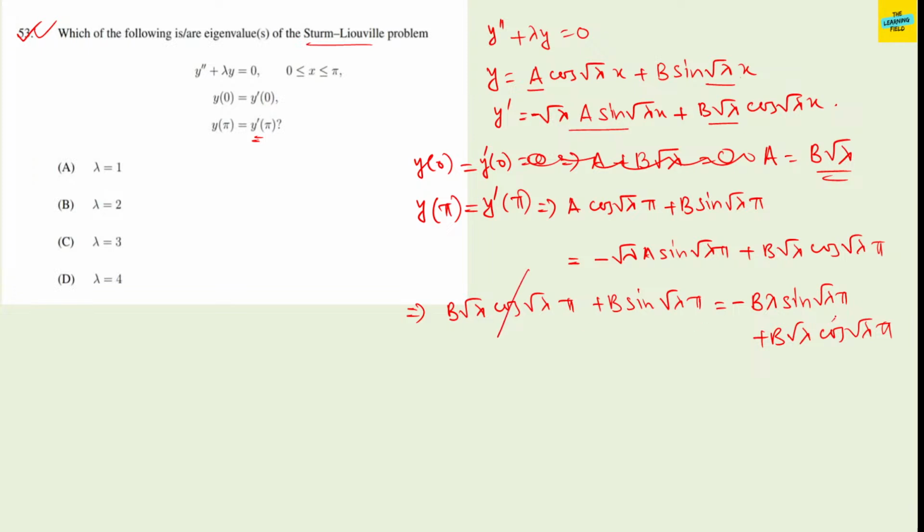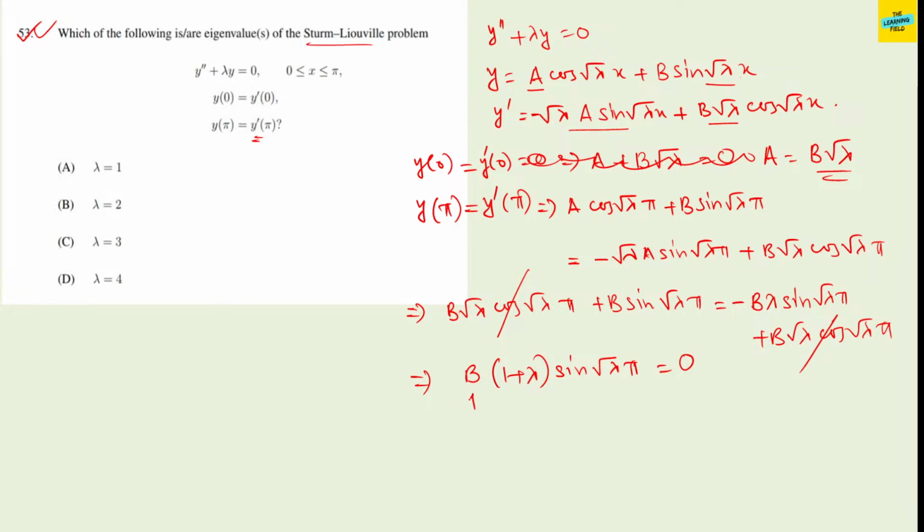So b root lambda cos cancels from both sides. So this gives b into (1 plus lambda) sine root lambda pi is equal to 0.